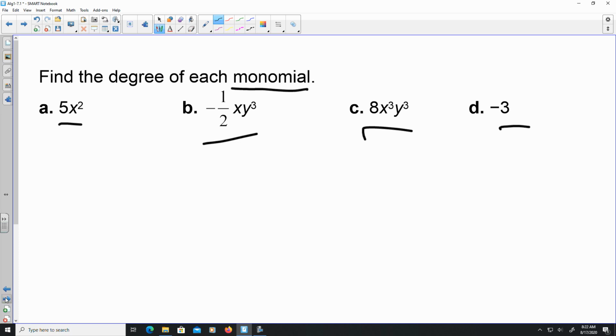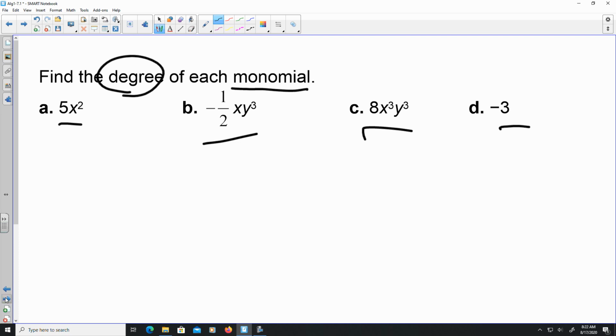In this question, they want you to find the degree. Anytime they're asking you to find the degree of any kind of polynomial, you are going to look at the value of the exponents attached to a variable or multiple variables.